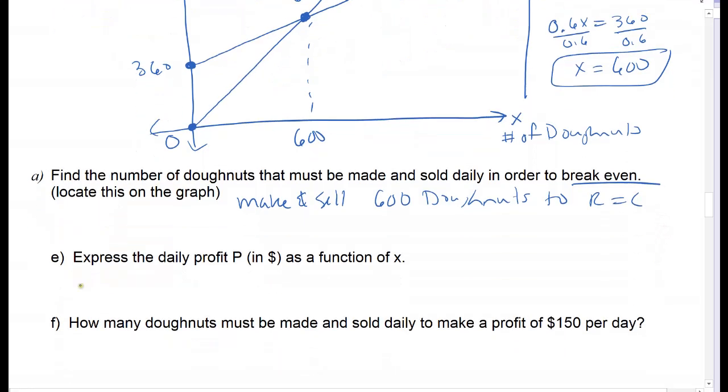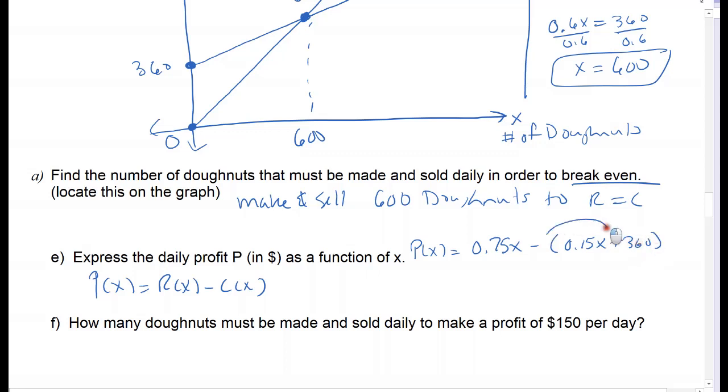Alright, next one is asking for profit. So remember, profit is revenue minus cost. You do have to remember that profit is my revenue equation minus my cost equation, and just make sure you're careful with revenue and cost. And so my revenue was my 0.75x minus my cost, which was 0.15x plus 360. Make sure you're careful with that negative.